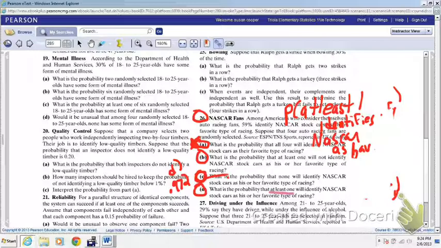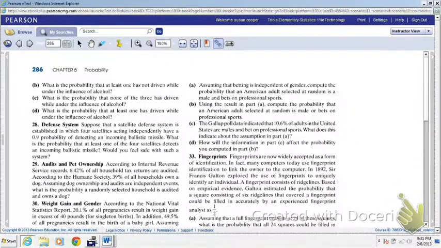I think I only have one more. Let me hit pause and get that. Okay, and last but not least, I'm going to pick number 28 here. I'll read it first. It says, suppose a satellite defense system is established in which 4 satellites acting independently, so they're blatantly saying independently here, have a 0.9 probability of detecting an incoming ballistic missile.